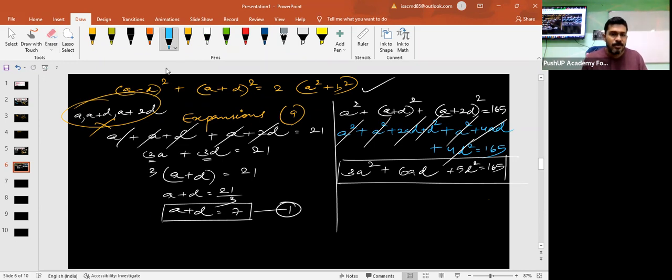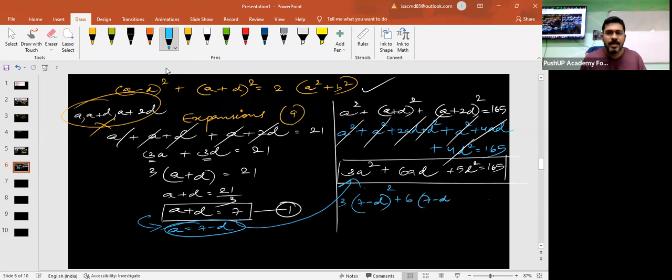Some students, what they do, if A plus D is equal to 7, they will consider A is equal to 7 minus D. And whatever value they got for A, they will substitute it here. So it becomes 3 into (7 minus D) the whole square plus 6 into (7 minus D) into D plus 5D square is equal to 165.